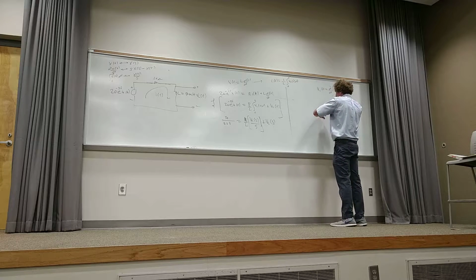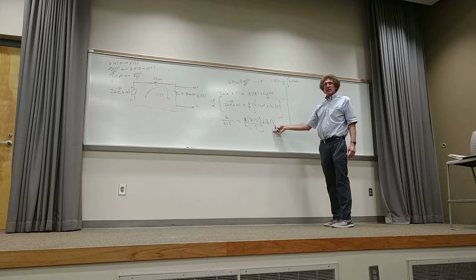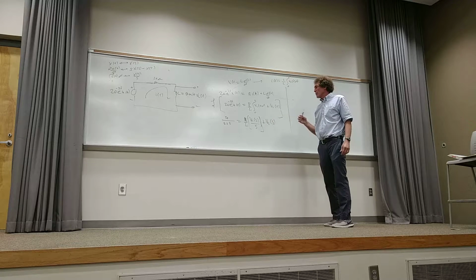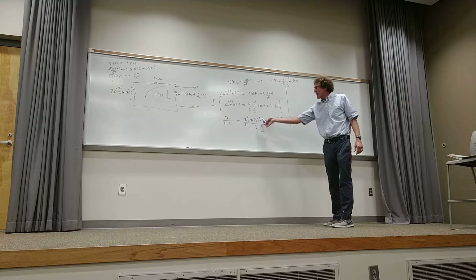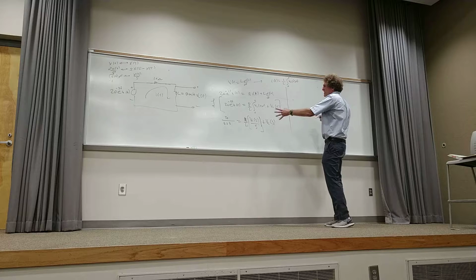Now, work with me on this. What do I do next? I want VL of s, right? I'm leaving it as R over L. Can't I factor out VL of s there? I'll just call it V of s for now.